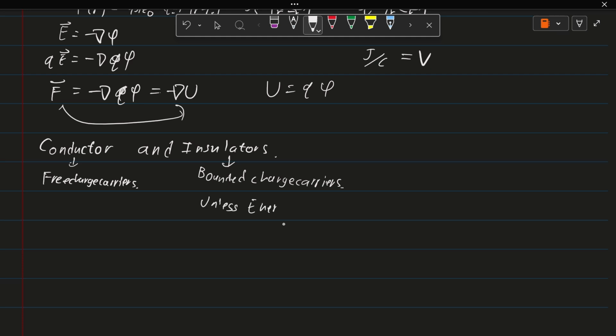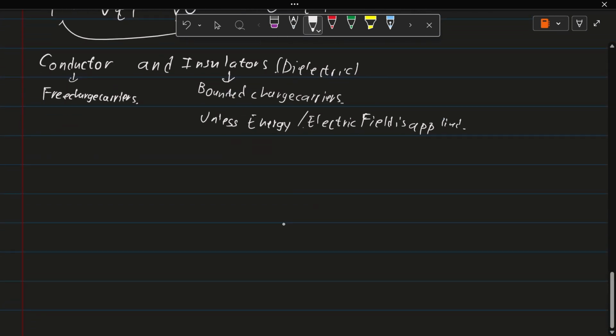Or basically, the electric field is applied. And so this is something which you call a dielectric instead. So insulators are basically dielectrics. There's also another type of material which we can discuss, which are semiconductors.